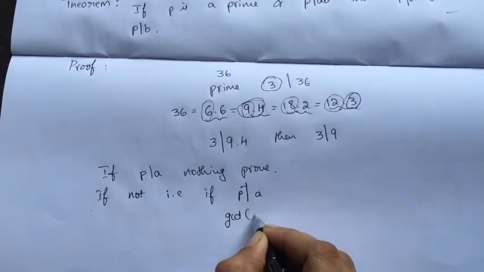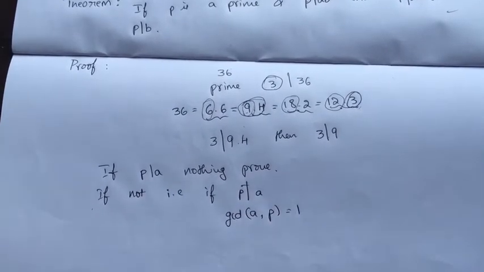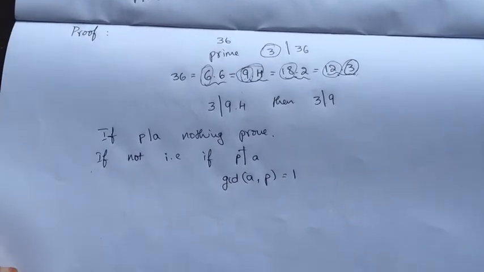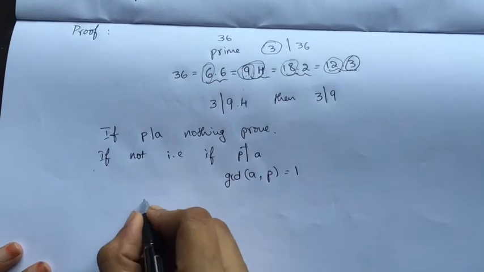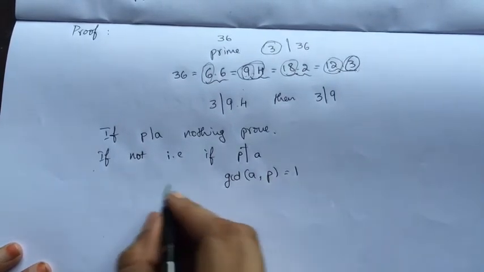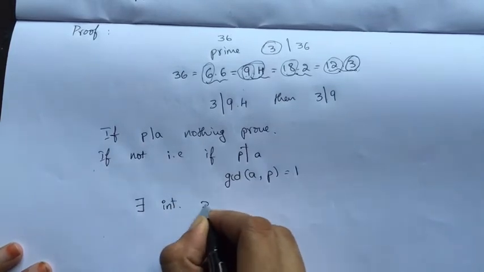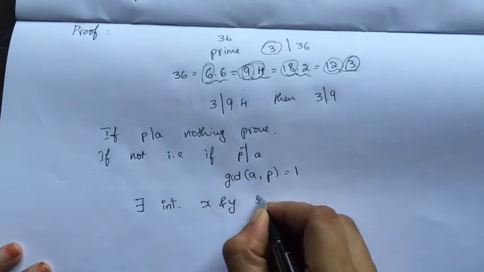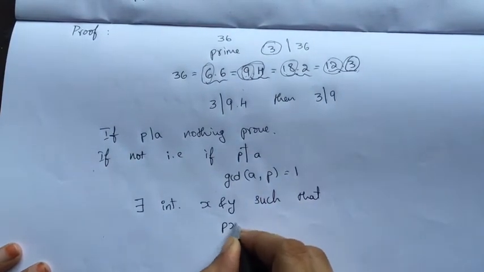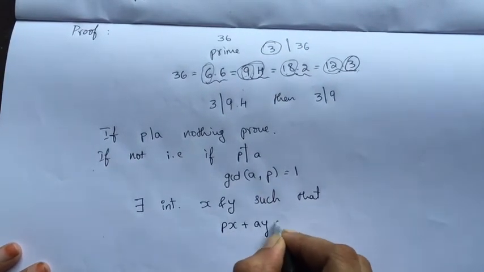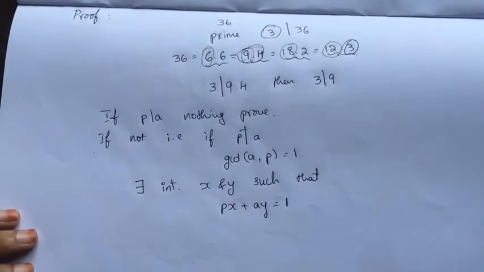By definition, their GCD is 1, in the sense p and a are relatively prime. Now, by the theorem, there exist integers x and y such that px plus ay equals 1.